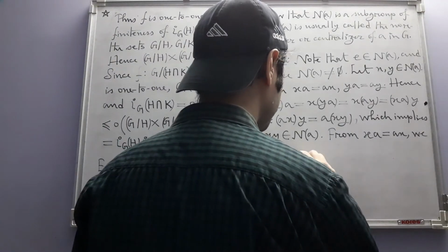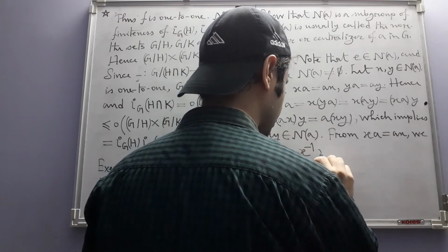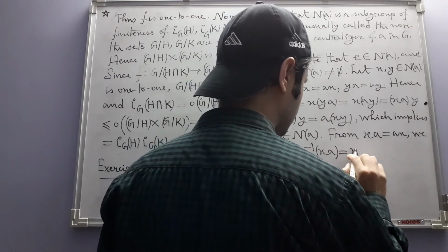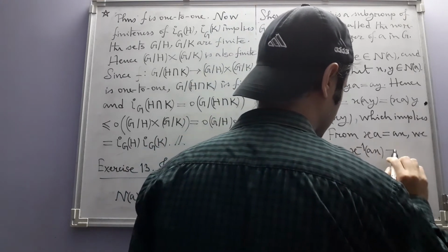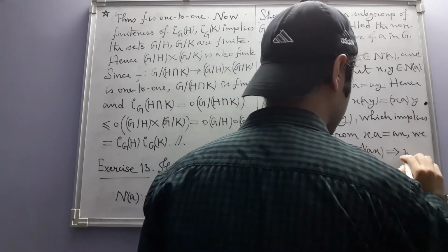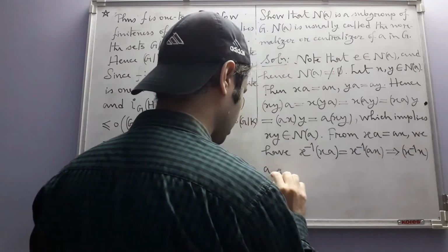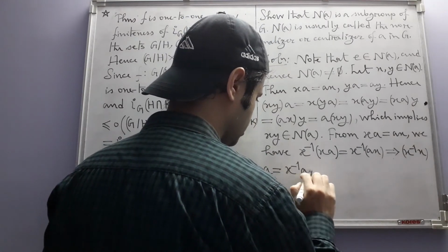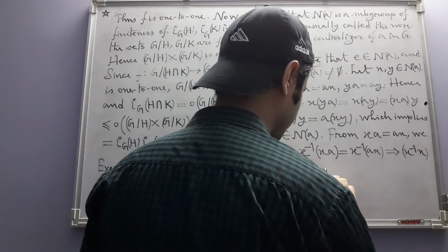So doing that gives us X inverse XA is equal to X inverse AX. This implies X inverse XA equals X inverse AX, using the associative law.